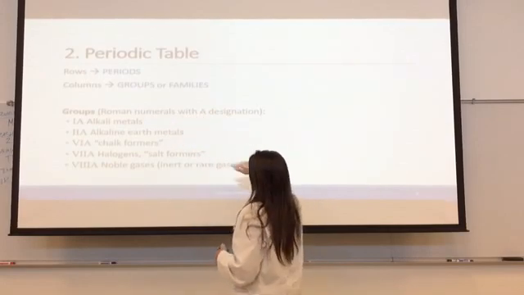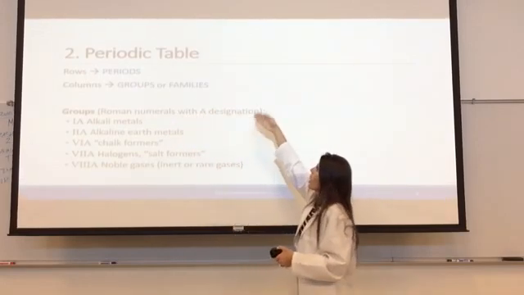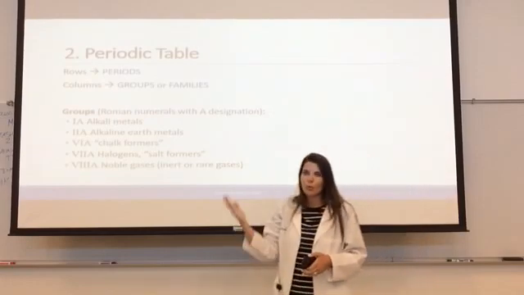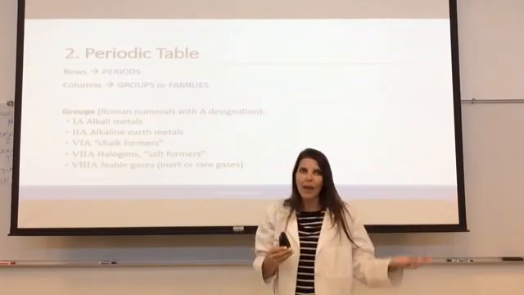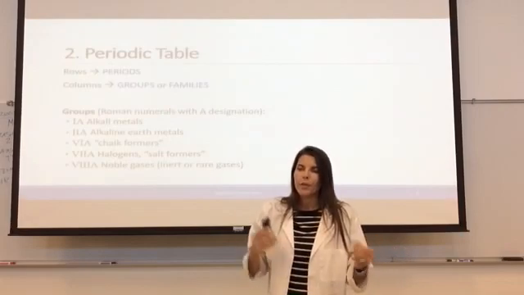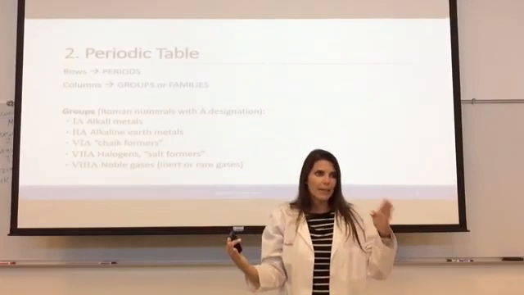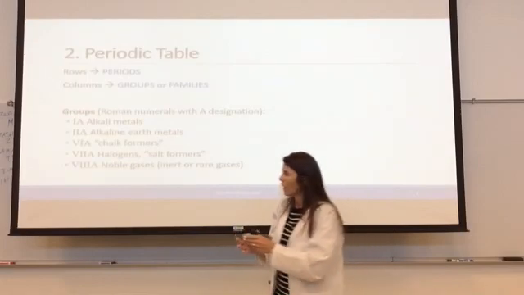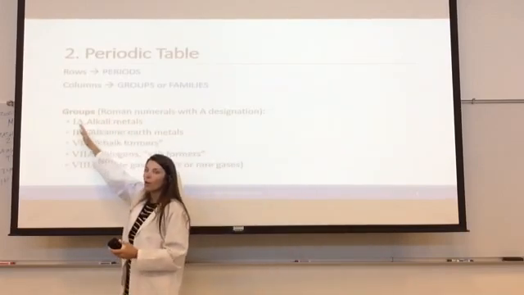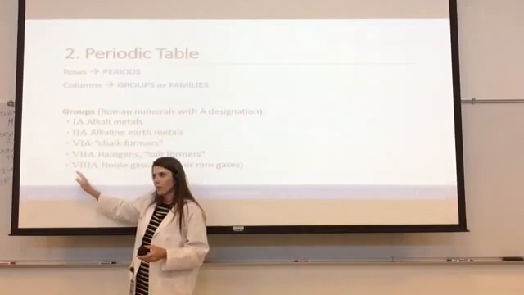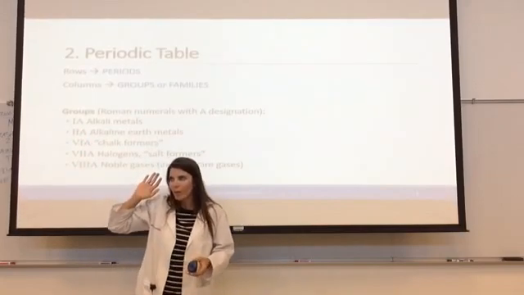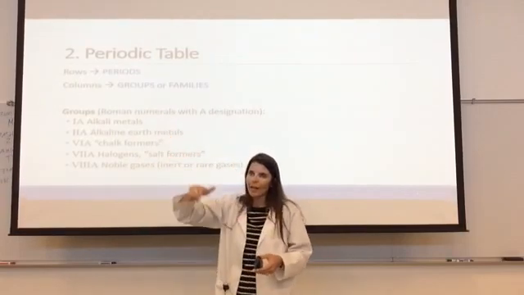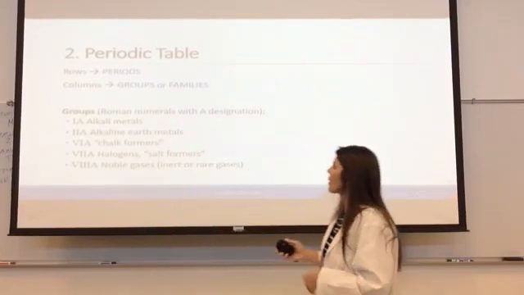So periods within the periodic table. The columns, which go vertically up and down, are divided into groups or families. If it is designated as a group, it will always have, and I put this here, a Roman numeral in front of it. Okay, and I'm going to show you what I'm talking about. But these are some key notes to navigate the periodic table.